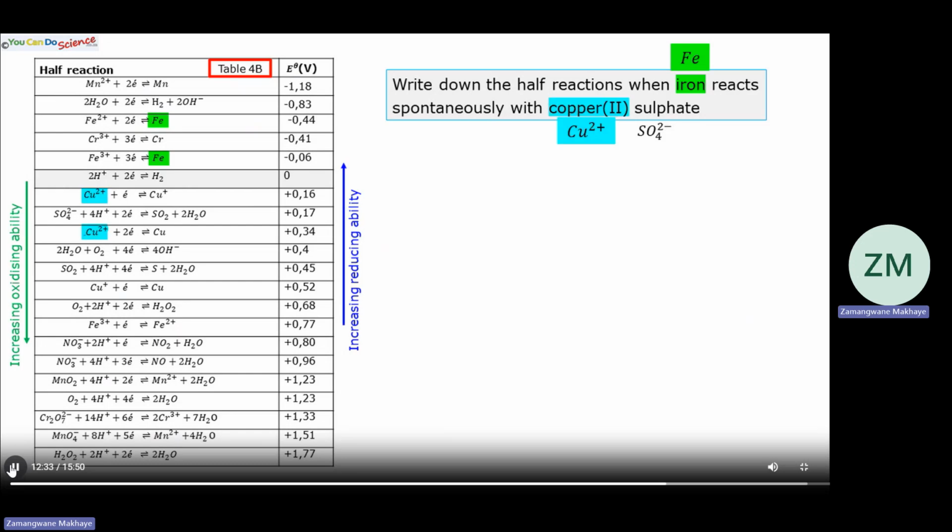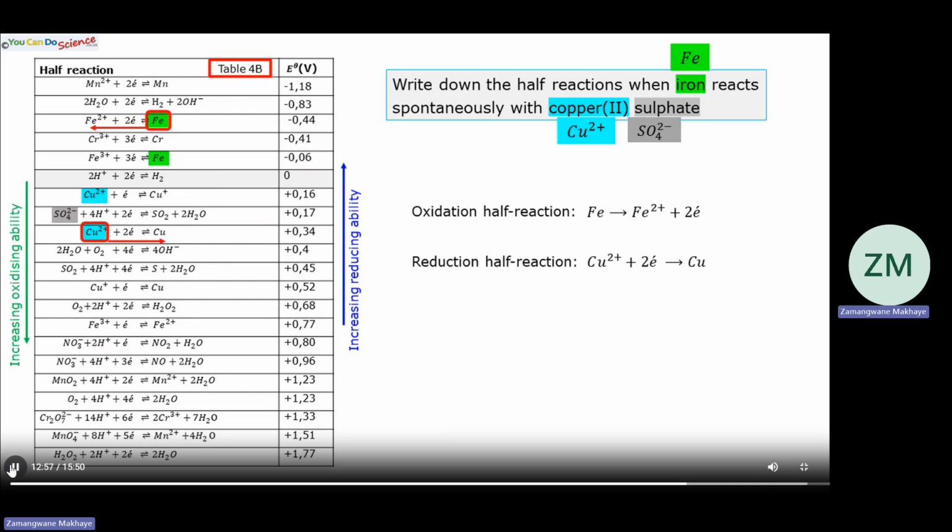Copper 2+ also appears more than once on the table, but SO4 2- only once. For a spontaneous reaction, the strongest reducing agent reacts with the strongest oxidizing agent. This is the oxidation half reaction. And this is the reduction half reaction.